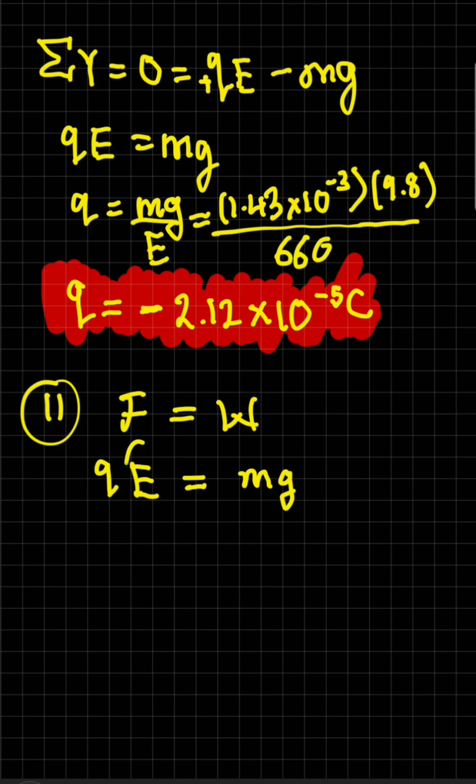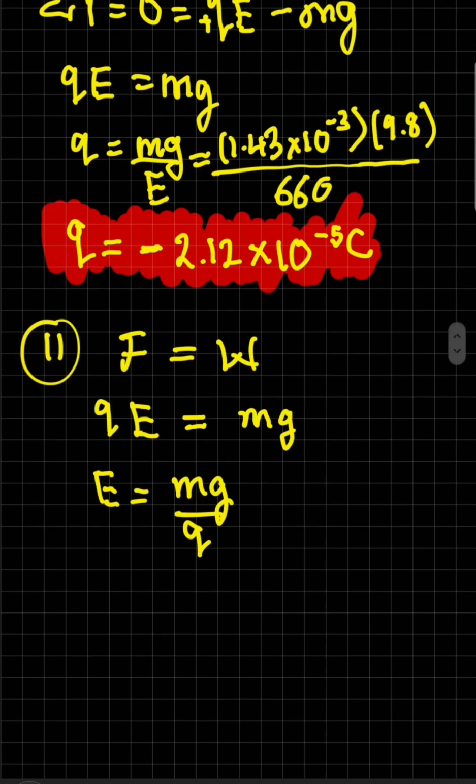We've been asked to find the electric field, so making the electric field the subject of the formula, we have that. Now the mass of a proton is constant, and so is its charge, so we have everything that we need here.